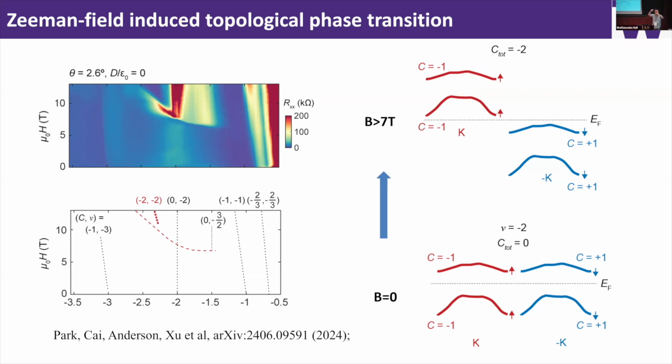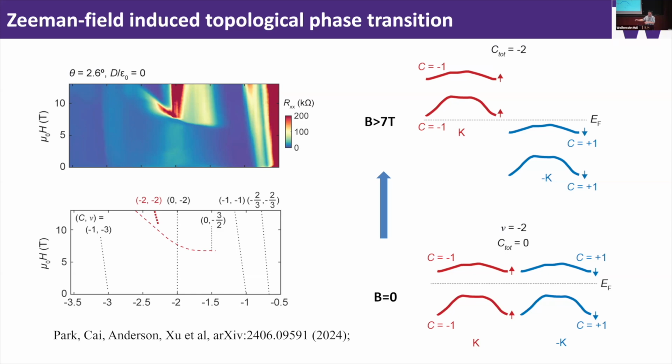Okay, so there's a band crossing happening, right? So once this band crossing happens, now when you tune the Fermi level to the gap, the top two bands are coming from the same valley, and they have the same chain numbers. So you can just count it, right? The total chain number now is -2. That's why we have these chains that appear with quantization at 2e²/h.